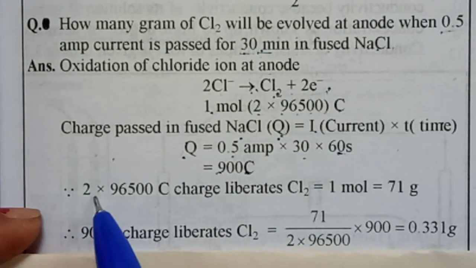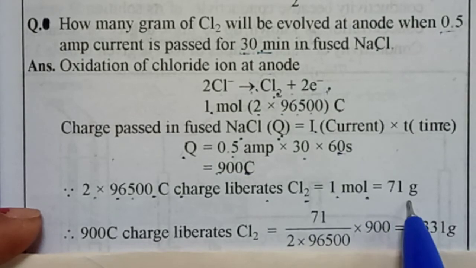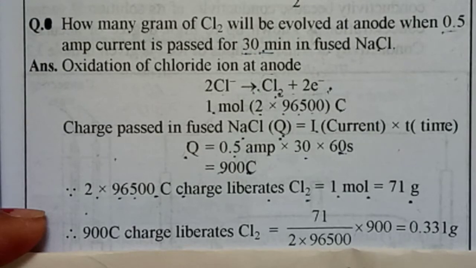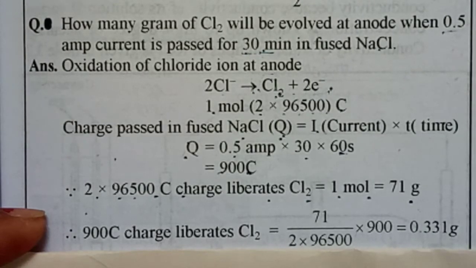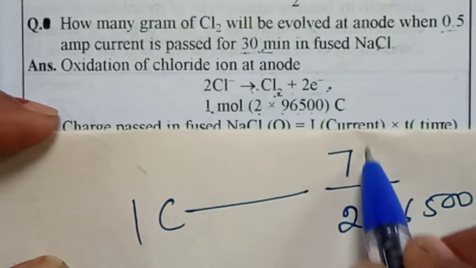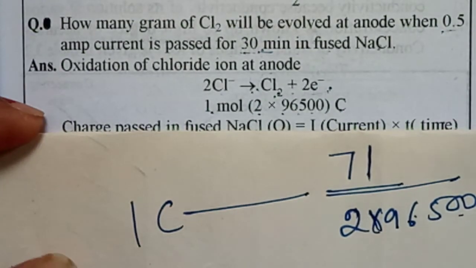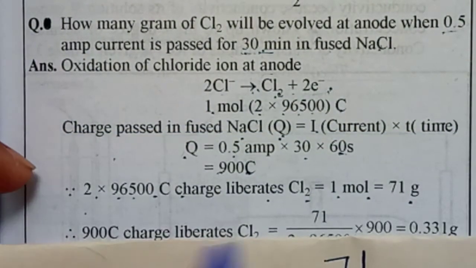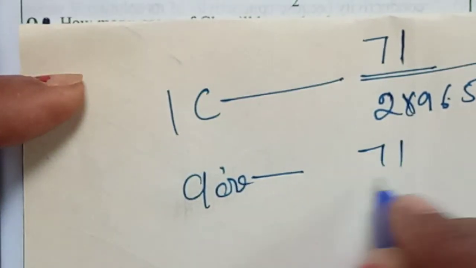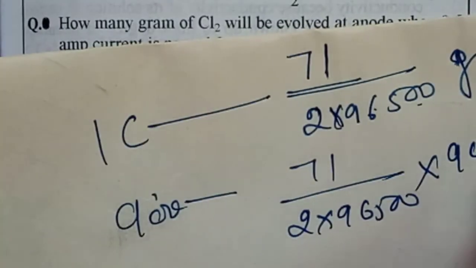Now 2 × 96500 charge liberates Cl2 equal to 1 mole, meaning 71 gram. Then 1 coulomb will deposit 71/(2 × 96500) grams. But the charge is 900 coulomb, so by 900 coulomb we get 71/(2 × 96500) × 900.